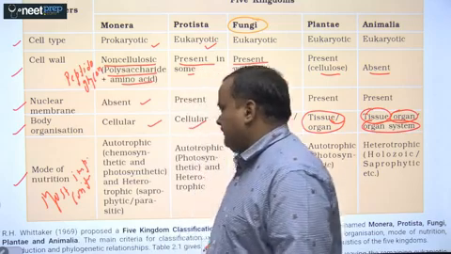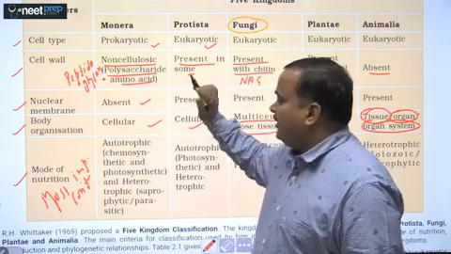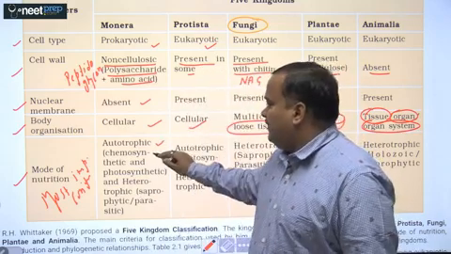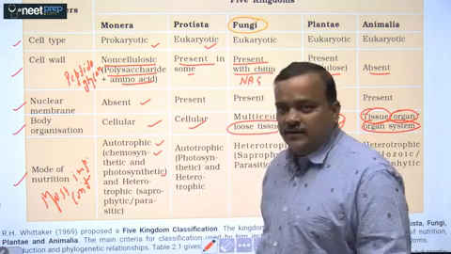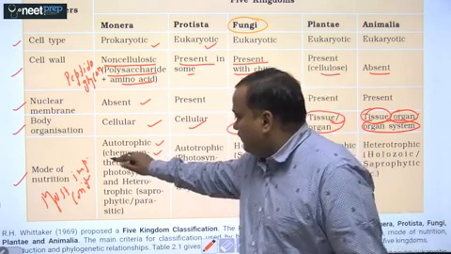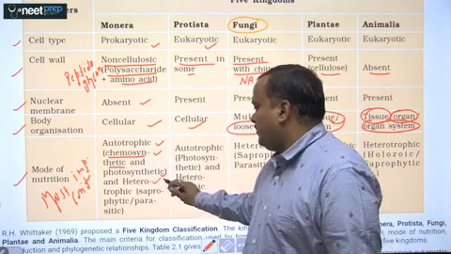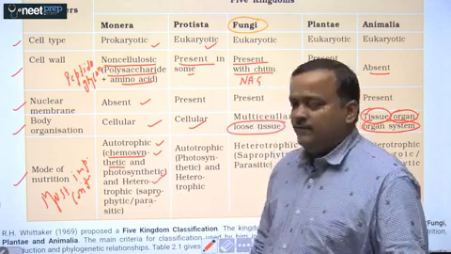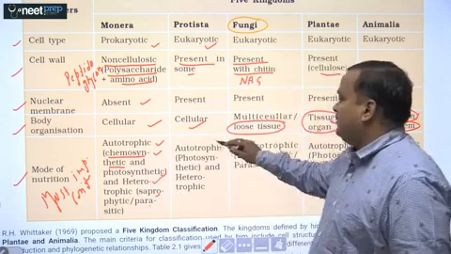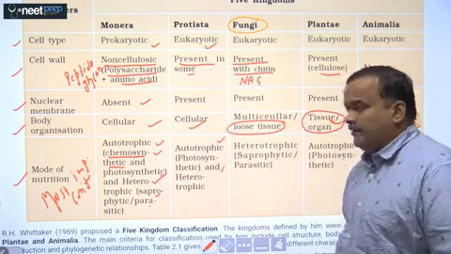Okay, now Monera can be autotrophic, chemosynthetic and photosynthetic. They are the only group which are chemosynthetic autotrophs. Then they can be heterotrophic, saprophytic, parasitic or symbiotic. Then Protista can be autotrophic or heterotrophic.